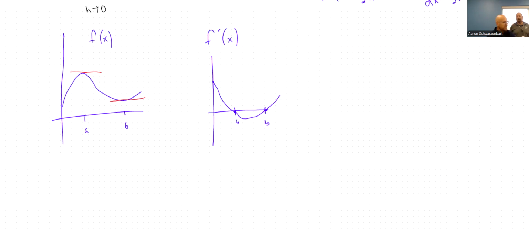Steeper means higher, or steeper negative means further negative. Okay, that's graphing f prime from f.